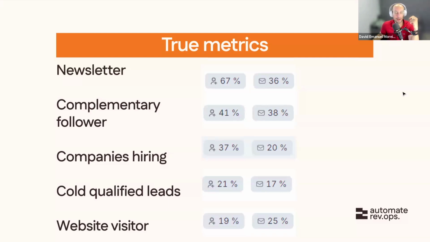Okay, so in our case, we're running different trigger-based campaigns. Some of them are related to things that we can monitor internally, and some of them are from external triggers. The first column is related to connection rate, and the second column is related to reply rate on LinkedIn.